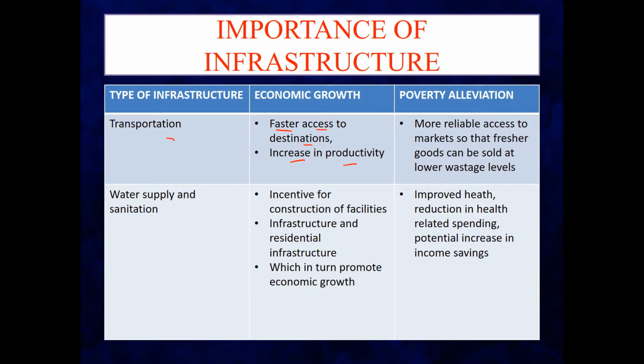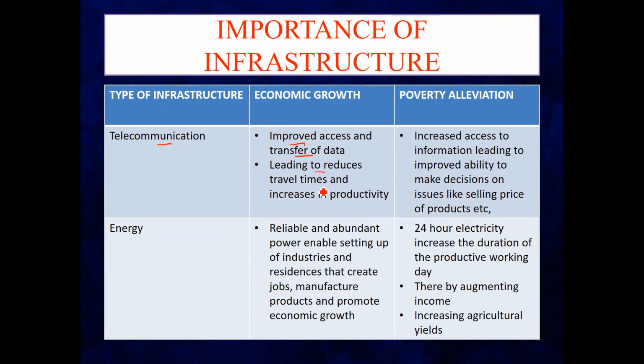Then telecommunication improves access and transfer of data, leading to reduced travel time and increased productivity. And energy: reliable and abundant power enables setting up of industry and residences that create jobs, manufacture products, and promote economic growth. So these are the four types of infrastructure.